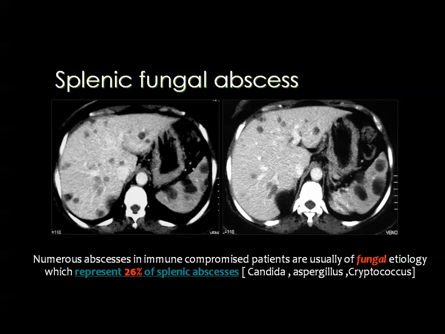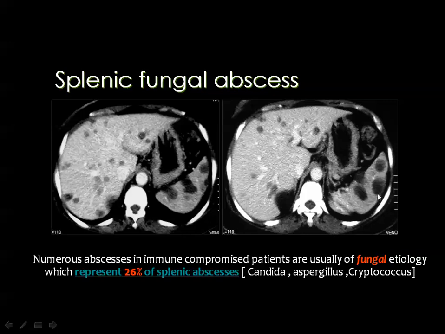Then we came to this issue: whenever you see multiple small cystic lesions in the spleen and in the liver, you may think of polycystic disease, for example. But you remember that in polycystic disease of the liver, the cysts are large and the contents are of fluid density, and there is no marginal enhancement.